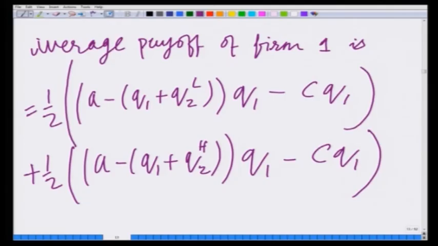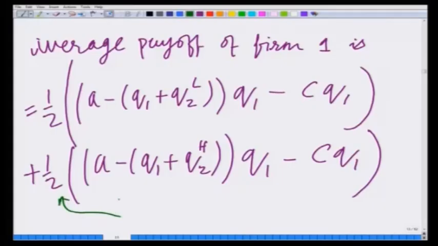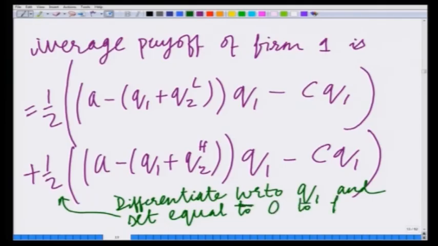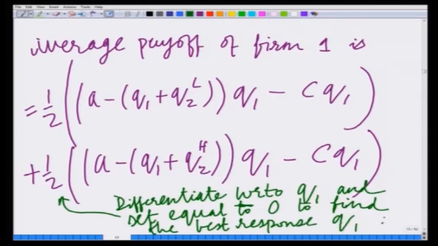And now what I can do is differentiate this average payoff of firm 1 with respect to Q1, and set it equal to 0 to find the best response Q1.